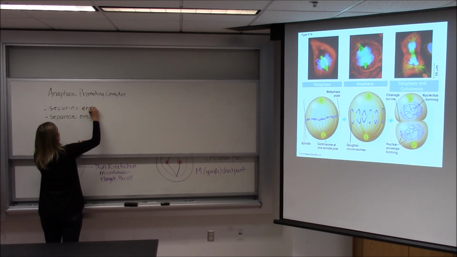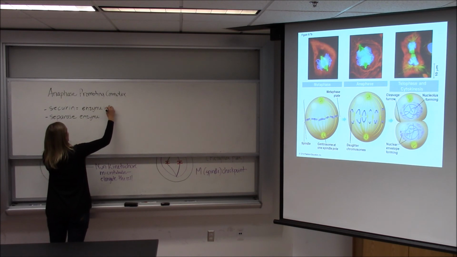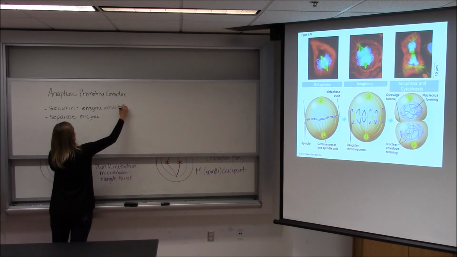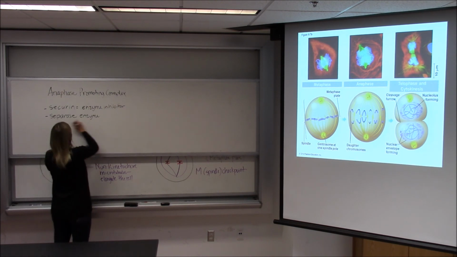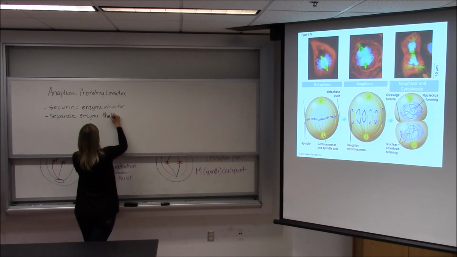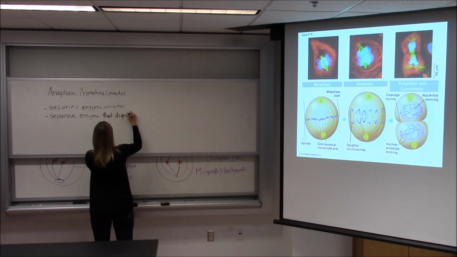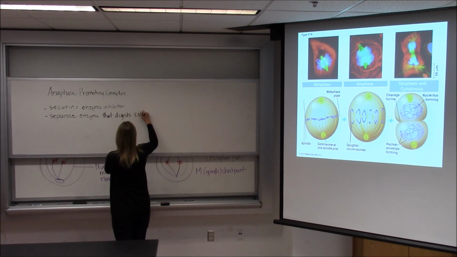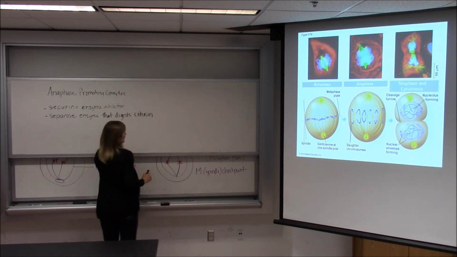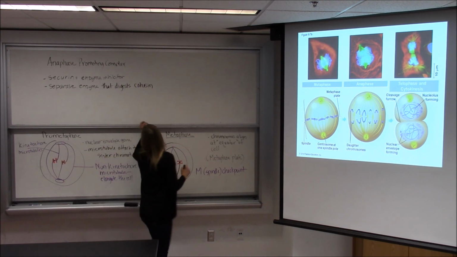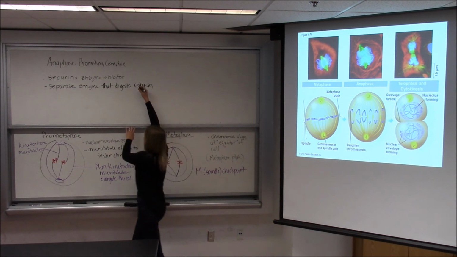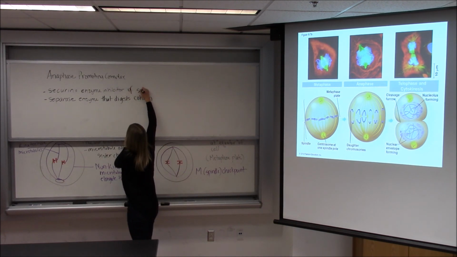So this is an enzyme inhibitor. Separase is the enzyme that digests, hydrolyzes the cohesin proteins. Securin is the enzyme inhibitor of separase.